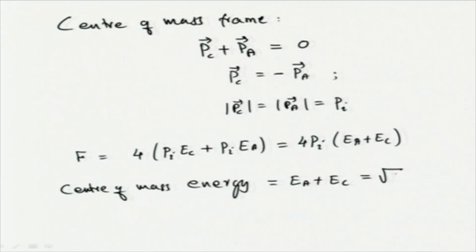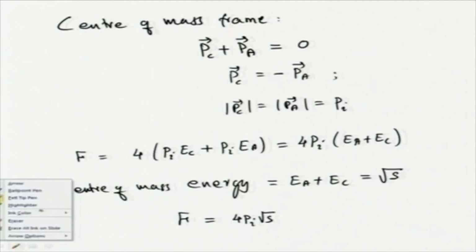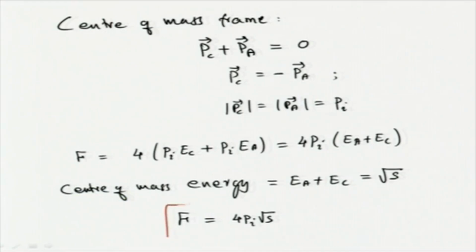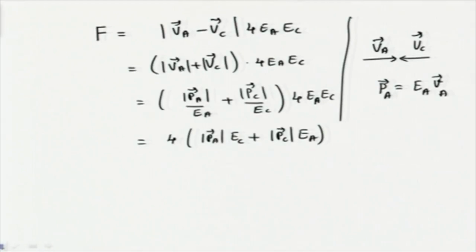We will see later on why we call it root S, and in this notation we have the initial flux as 4 P I root S, the square root of the center of mass energy. Okay.